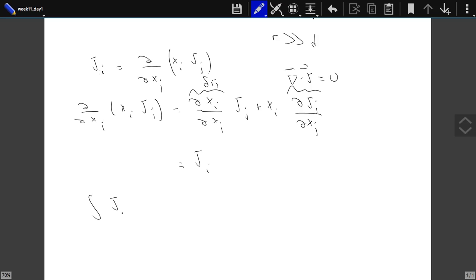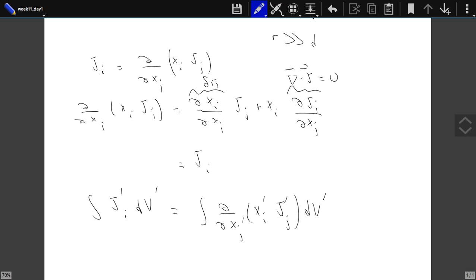So if you take the integral of J_i over the whole volume, let me put the primes, J prime meaning J evaluated at r prime, now I can use this previous relation, del over del x_j prime of x_i prime J_j prime.